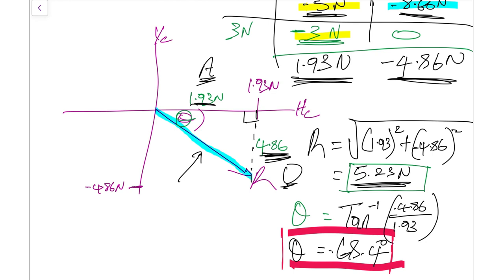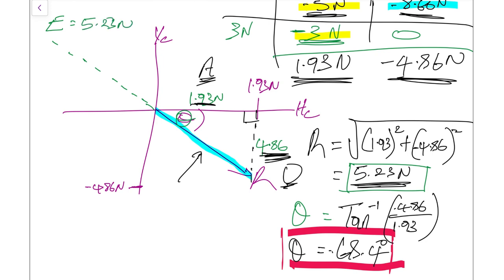And to do that, we're just going to take the short way out, which is just extend that same resultant line. And this represents our equilibrium, because the force will be exactly the same. So the equilibrium value will be the same value as our resultant. So that's 5.23 newtons.